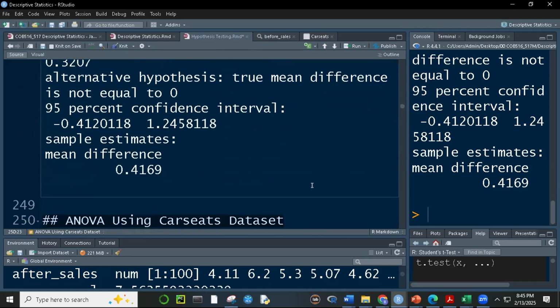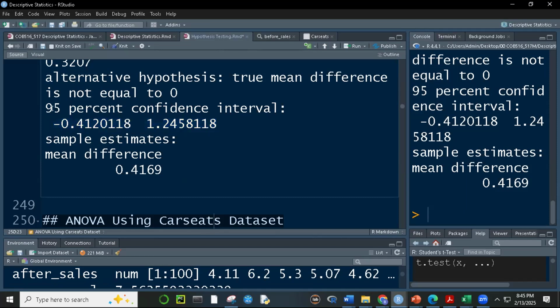So here once again, the difference between the before sales and after sales. The null hypothesis there, as we said, they're equal, or it can be written as the before sales minus the after sales is equal to 0. And the difference is between negative 0.41 and 1.24.